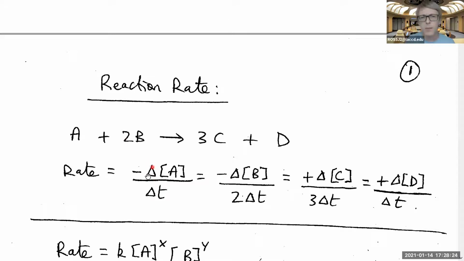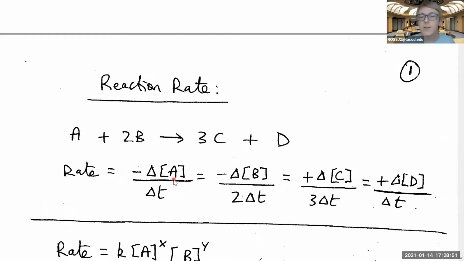The delta symbol here, the triangle, just means change. The square brackets, A, means concentration of A. So we have the change in the concentration of A with time. Notice we have molar coefficients down here. So because there's one molar coefficient of A, we just have one delta T. Because we have two molar coefficients of B, we have two delta T in the denominator.